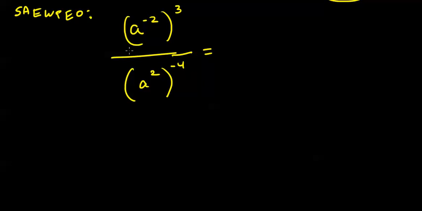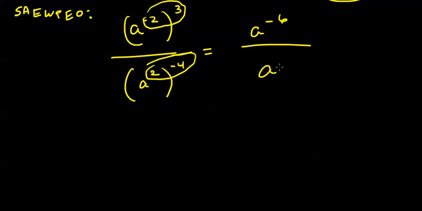What I'm going to do is independently work these outer exponents on both the numerator and denominator. Well, if I look at the numerator, a to the minus 2 cubed, by definition, that's a to the minus 6th power. I multiply the exponents. Be careful of the sign. If one of them is negative, that's fine. You multiply 3 times minus 2, okay? How about downstairs? A squared to the minus 4th power. Of course, that turns into a to the minus 8th power.